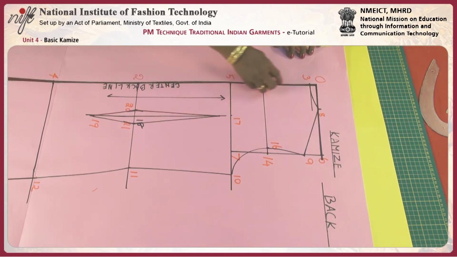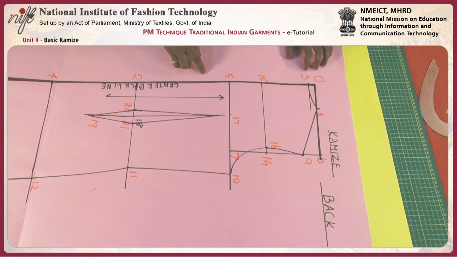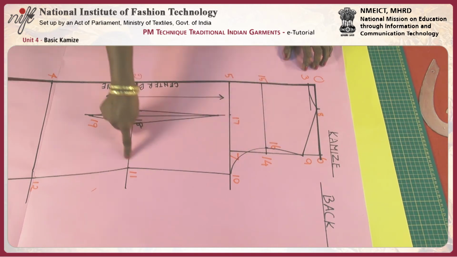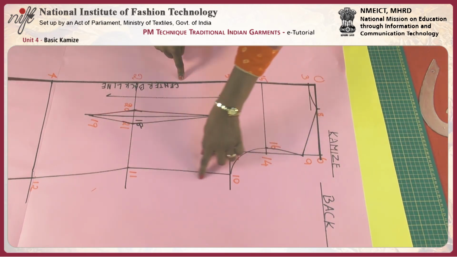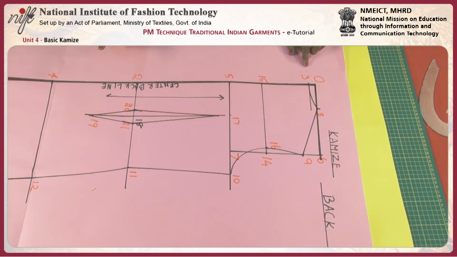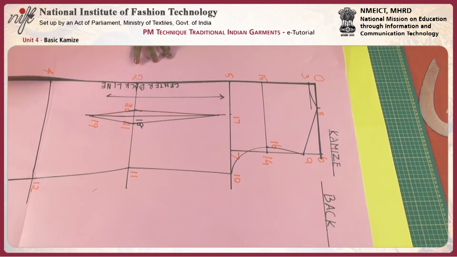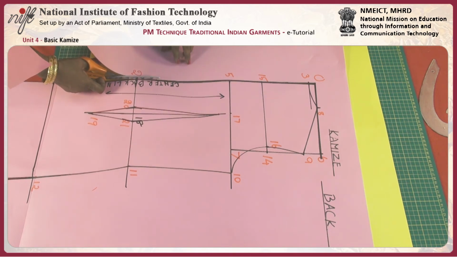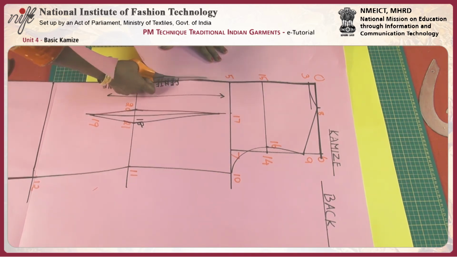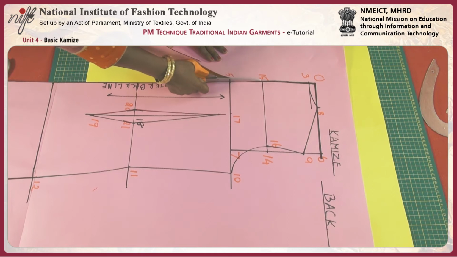The same thing is to be continued till the shoulder also. But we don't have any darts on the outline of the pattern, so it is not necessary to true the darts. So we are going to continue the cutting at the outline of the pattern.